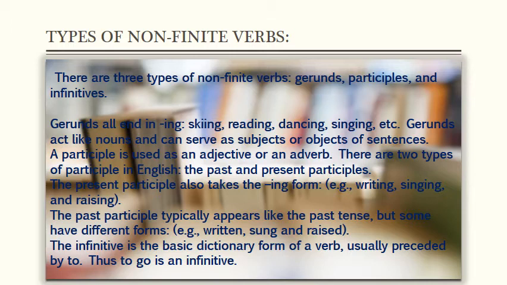The present participle is formed by adding -ing to the base form of the verb and is generally used to join an introductory statement to the main statement. Like if I say, "Passing the beggar, the lady gave him some money." Here you can see "passing" is the present participle and it is formed from the base form of the verb.